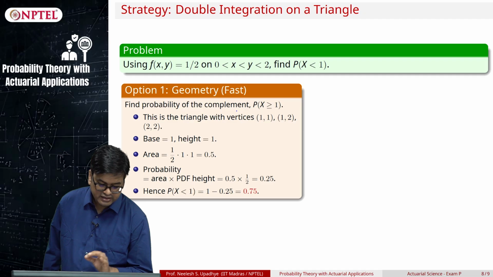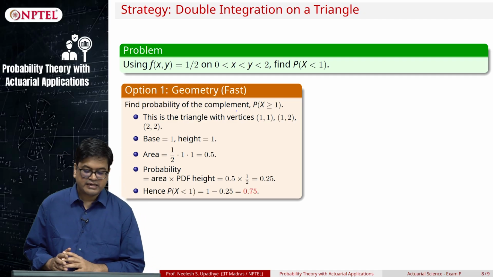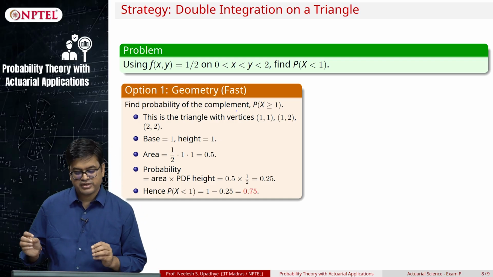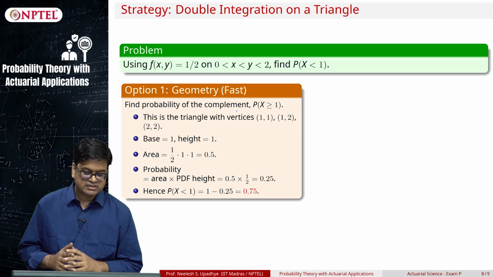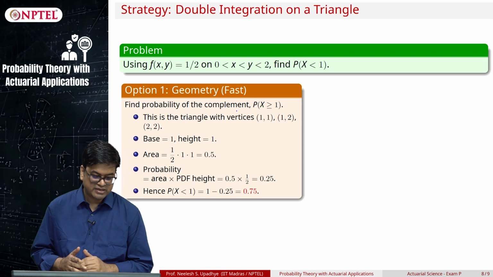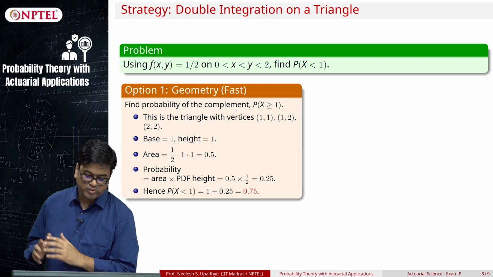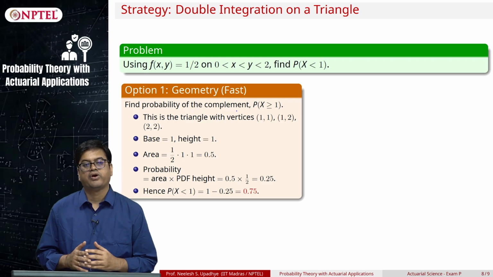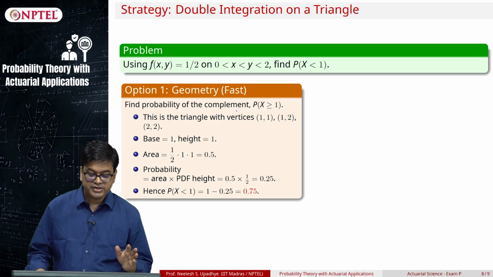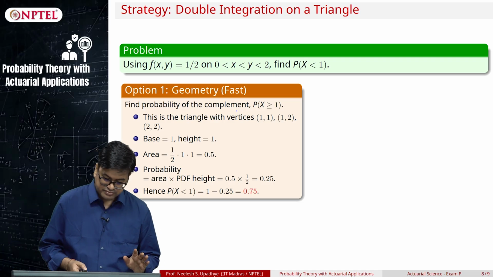That area comes out to be 0.5, and then you multiply by the height of that PDF, and you get the answer to be 0.25. So, the probability that x is less than 1 will be 1 minus this 0.25, which gives you 0.75.